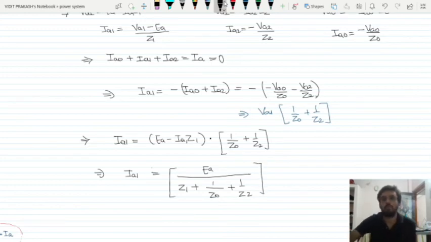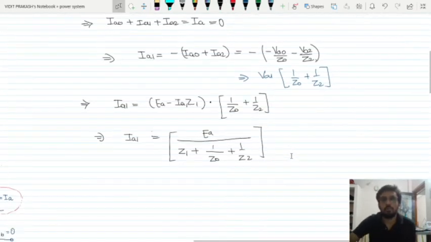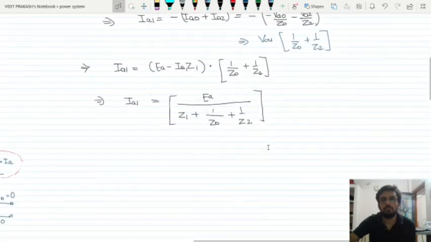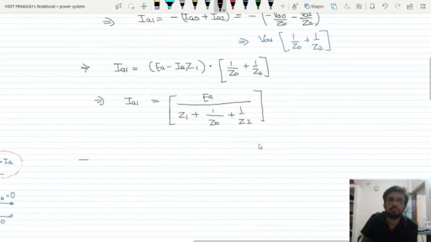Now, how to draw this? See, this is in parallel, right? Z0 and Z2 will be in parallel, and that will be in series with Z1.